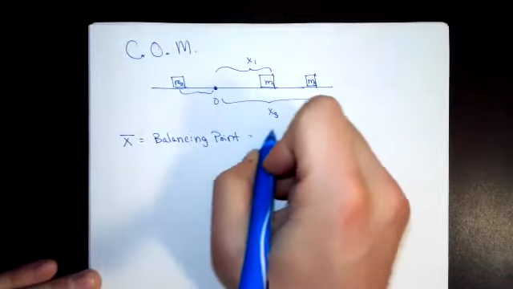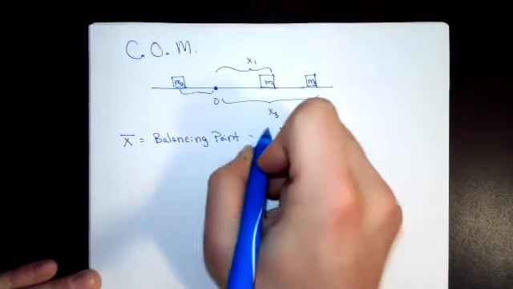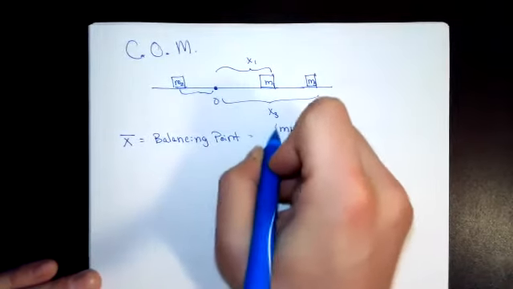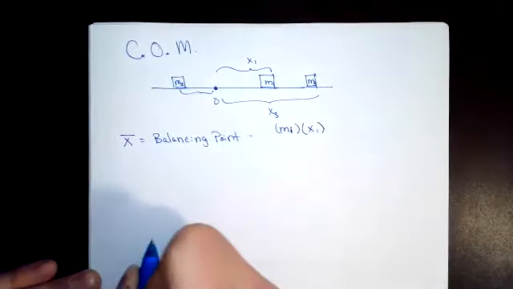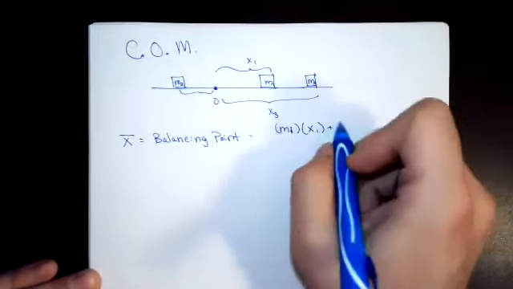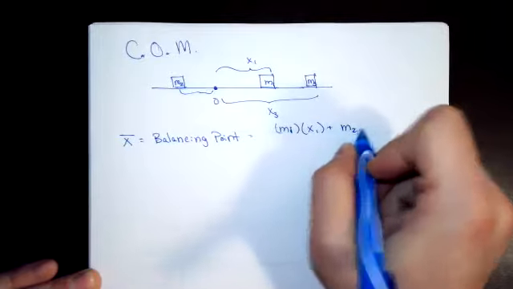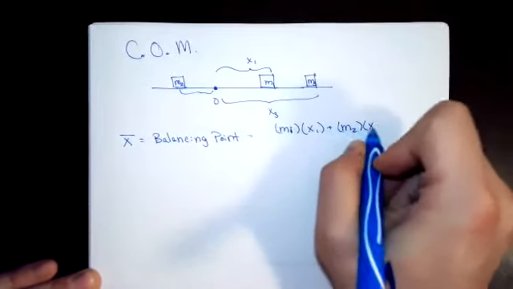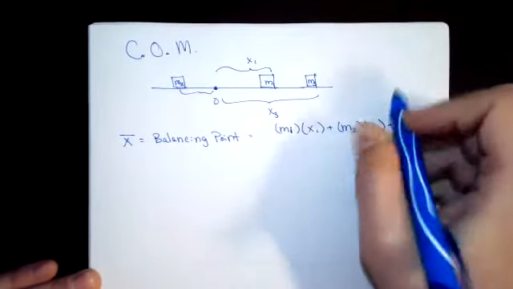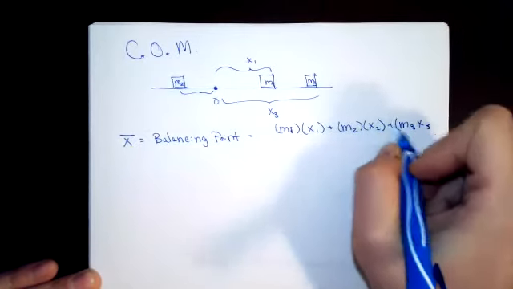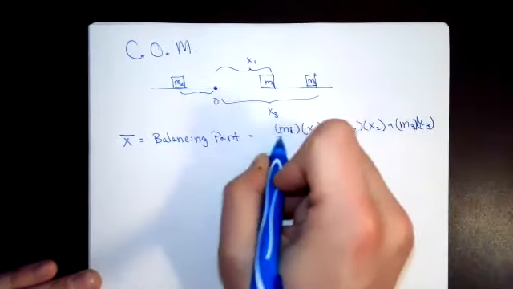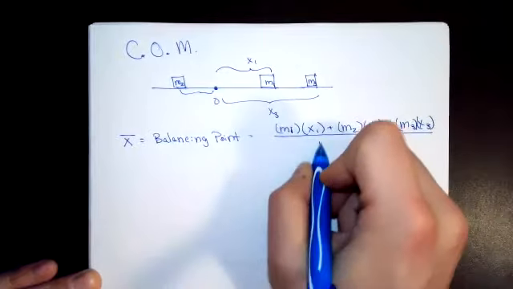We are essentially taking every individual mass, mass 1, times its distance from the middle, and I want to add all of these up, and then divide by the total mass.